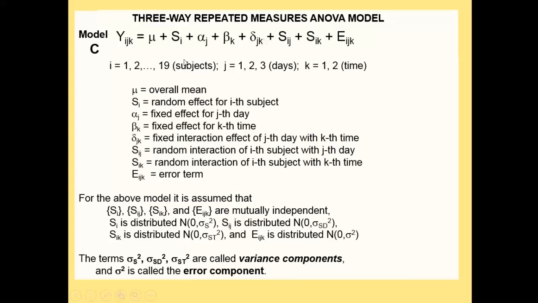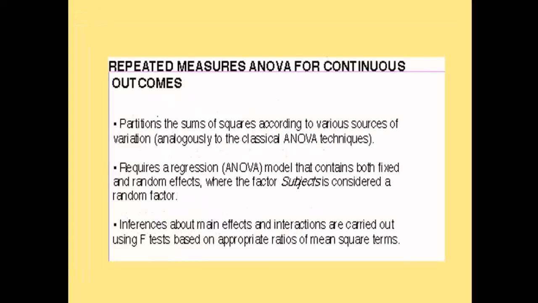This is the ANOVA version of this model. There are 2 ways of saying the same thing. But the reason I'm saying this is that there's an alternative way you can do this analysis without using Proc Mixed, using an ANOVA model.